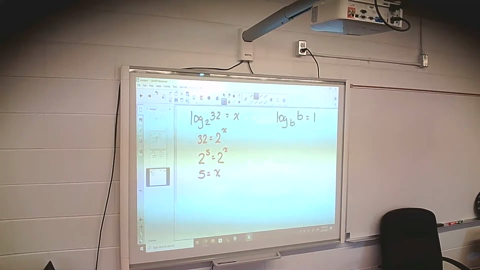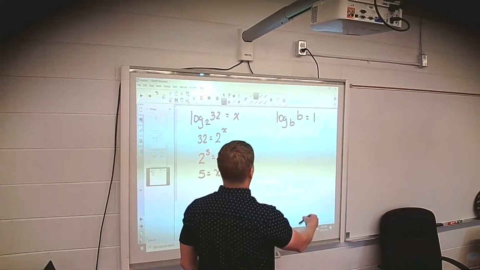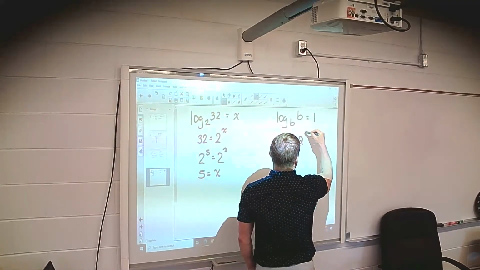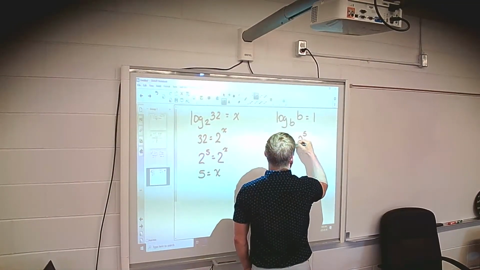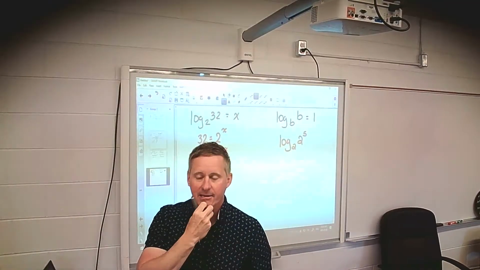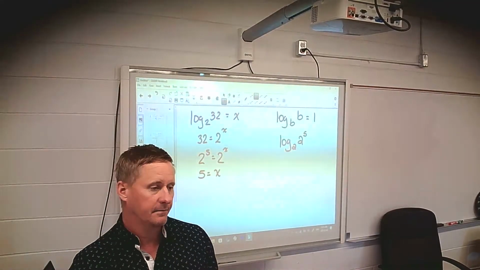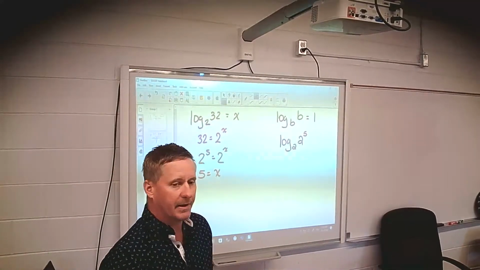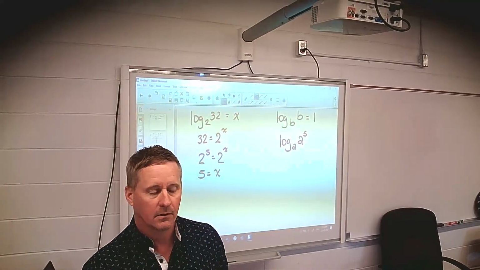The second way to do that question, which we're not there yet but will be in a day's time, is to change it right here. There are two rules in here. Number one, I have log 2 to the base 2, which is equal to what? 1.